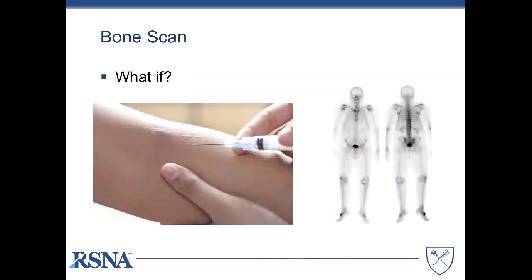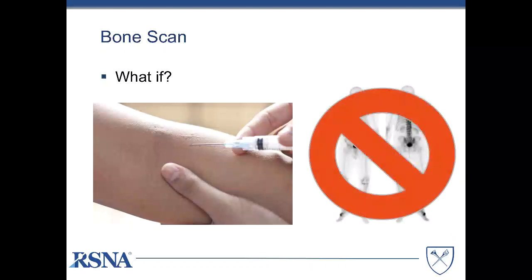Let's look at another scenario. Let's say the patient shows up, receives the radiopharmaceutical dose, and then for some reason does not return, or the patient becomes ill or claustrophobic, and the exam is not completed. In this case, when you administer the radiopharmaceutical, you have begun the test.